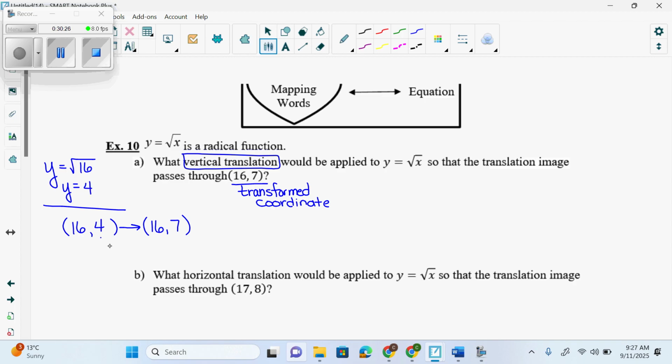So from here to here, what am I doing? Adding 3. So what is that? They want the translation. Vertical translation. Three units what? Up.